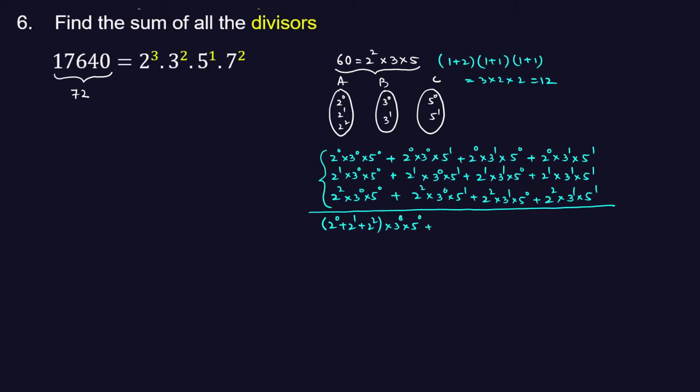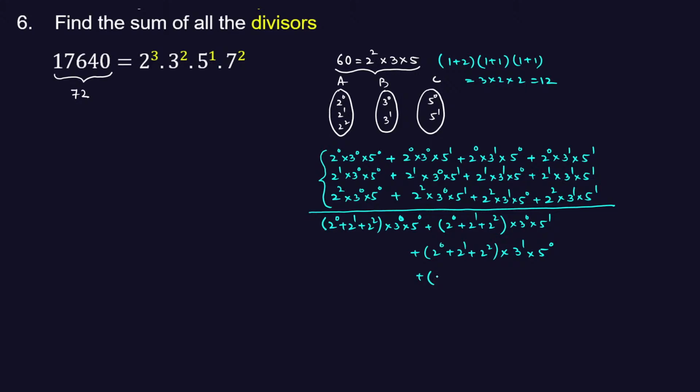Then again, if I take 3 to the power 0 into 5 to the power 1 common, we are left with 2 to the power 0, 2 to the power 1, 2 square. Then again from the third column we are getting 2 to the power 0, 2 to the power 1, 2 square into 3 to the power 1 into 5 to the power 0.